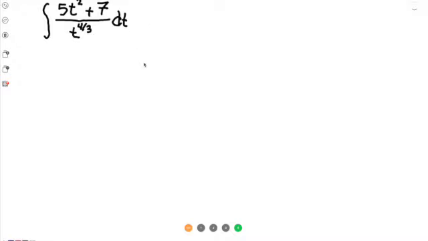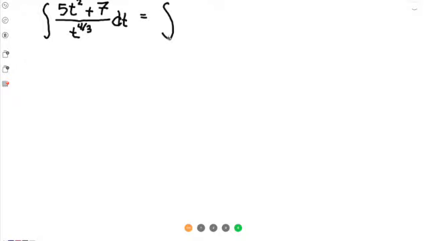So the same as the example before, we also need to transform this into separate integrals by separating the fractions.